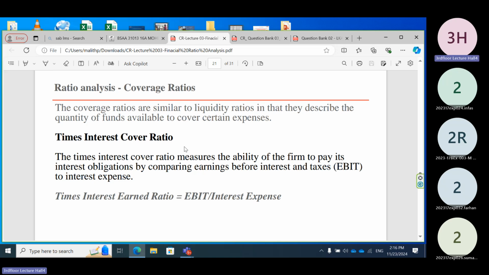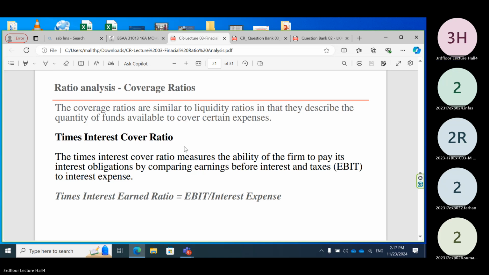Then that reflects how frequently we as an organization can service the debt reward. Debt reward means, in other terms, interest. Right? Interest will be covered 10 times by the profit. That's the logic. That should always be a higher value.